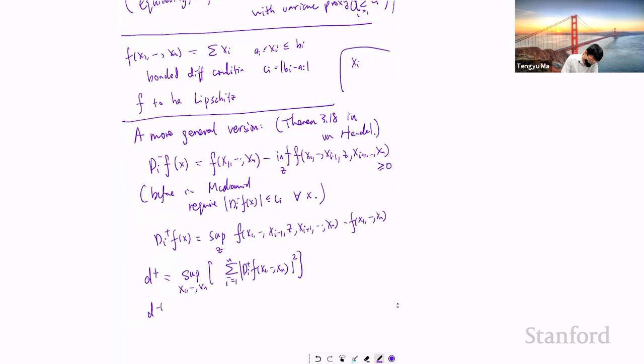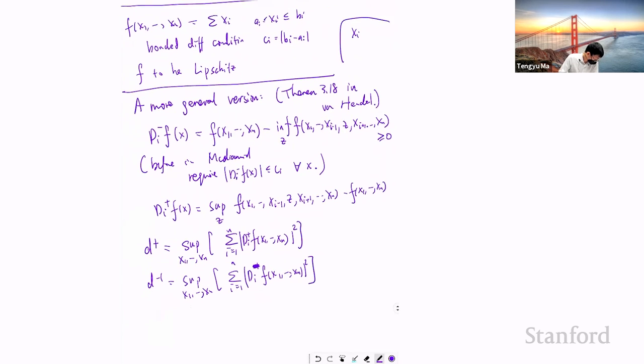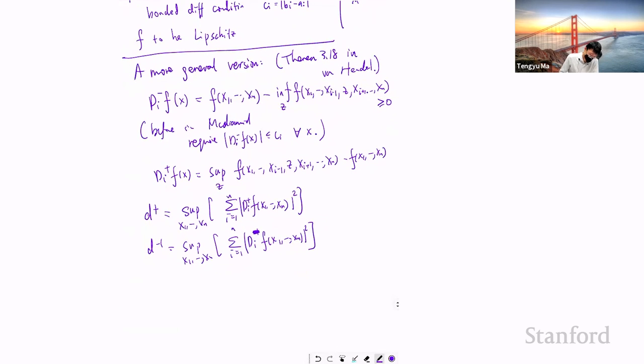Maybe let me first write down all the definitions and then interpret them. This is d minus, not minus 1. And then maybe let me write a conclusion.